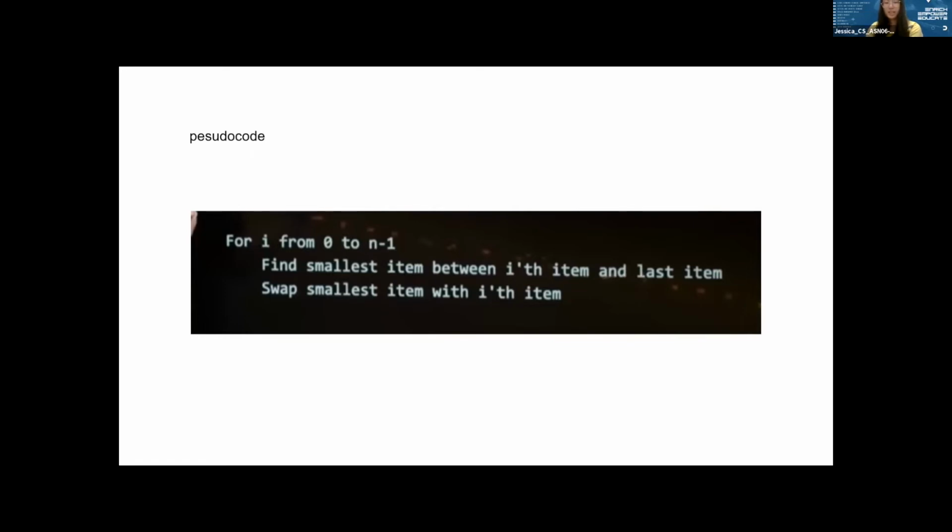The next line chooses the smallest element of each array, and then we swap that smallest element with the ith item. Yeah, that's it. Next, please.